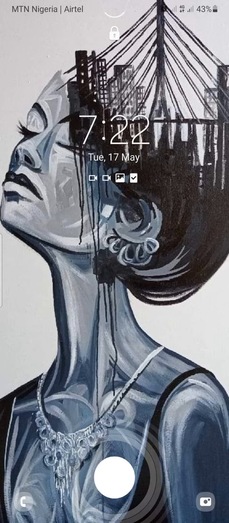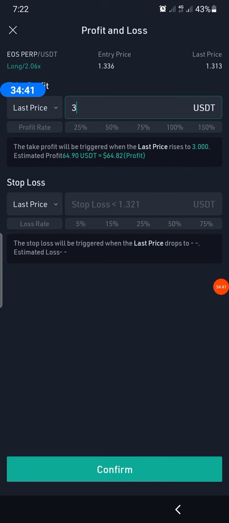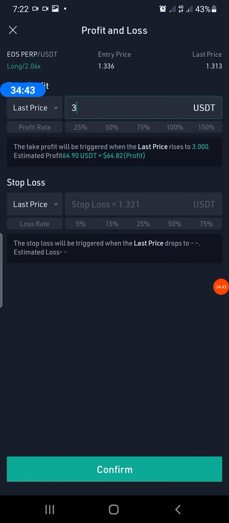Sorry, yeah. The difference between your entry price, the price you enter the trade, and the price you close the trade is either your take profit or stop loss. So when you are putting in a take profit, you are telling the market that when the price of this coin gets to this rate, take profit, close my trade for me.